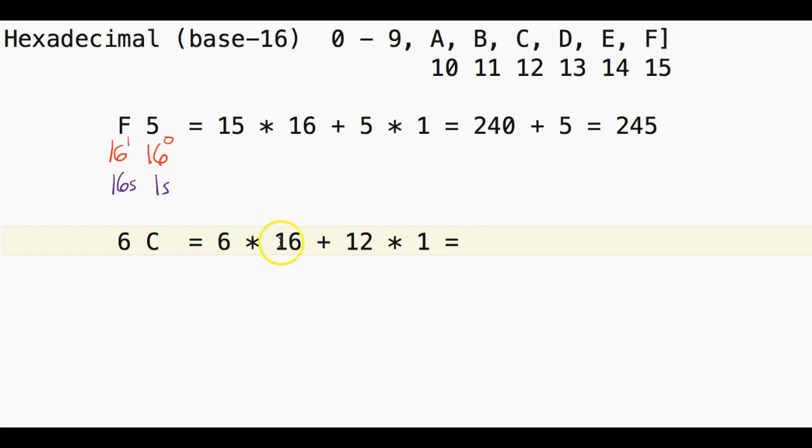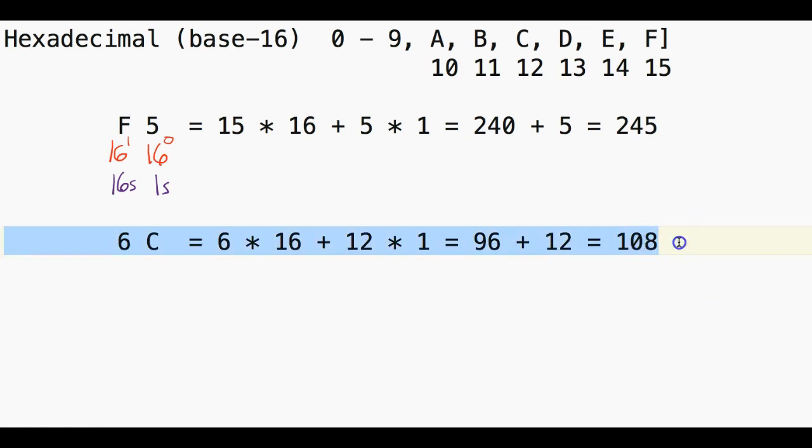Okay, so let's go ahead and do a little bit of math here. So 6 times 16 is 96 plus 12. So that gives us 108. So 6C in hexadecimal is 108 in decimal.